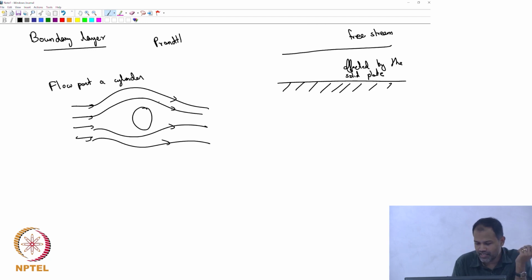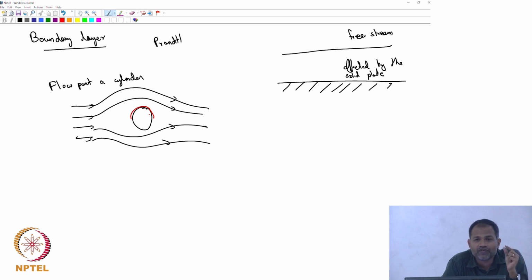Even in this case, there is a very thin layer near the solid region where you cannot neglect the viscous forces, and therefore you need to account for whatever mechanism is happening in that layer to predict the viscous forces, or really the drag force. That's why Bernoulli's equation was not able to give you a good result for the drag force. So that's the origin of the boundary layer.